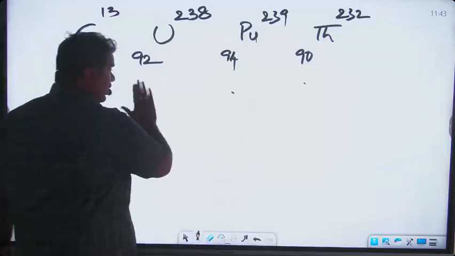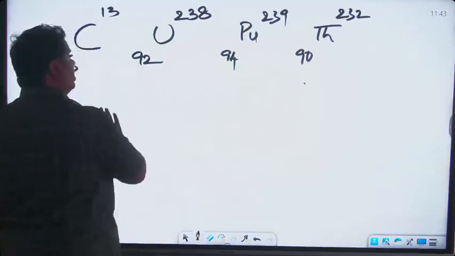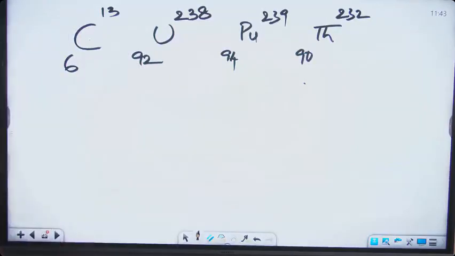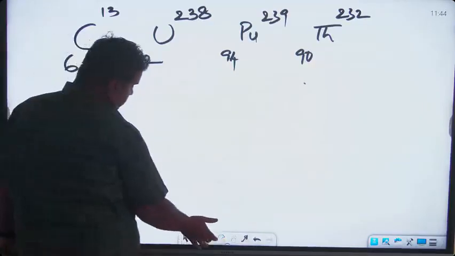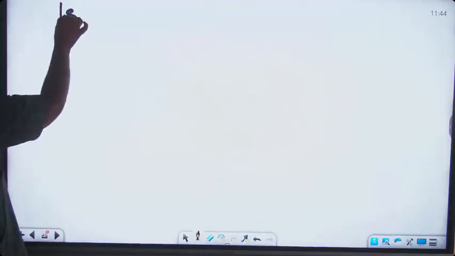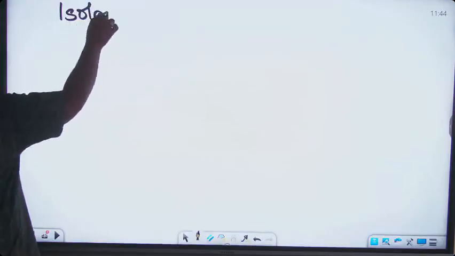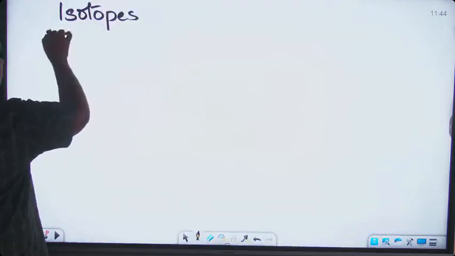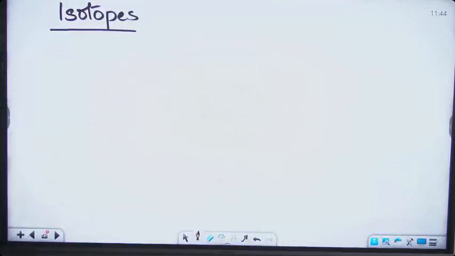The number of neutrons is always calculated using the formula A minus Z. So based on these three things, atomic number, atomic mass and neutron number, we talk about isotopes. Now, what do you mean by isotopes?